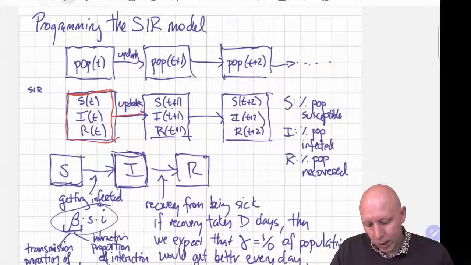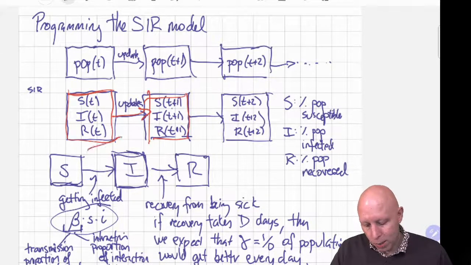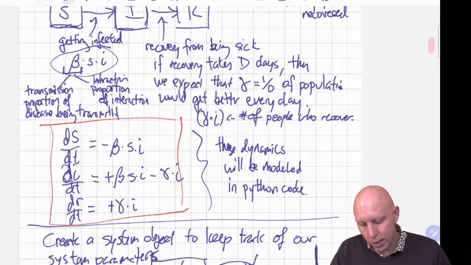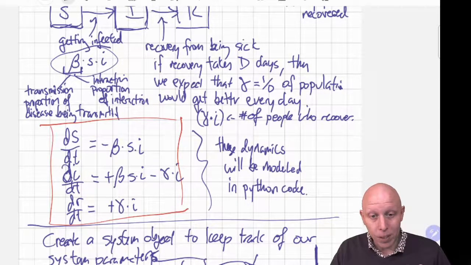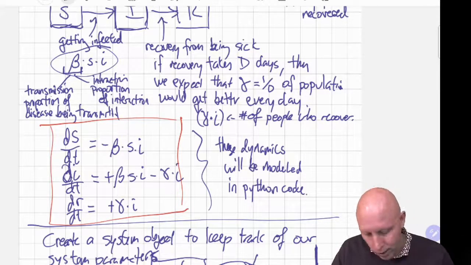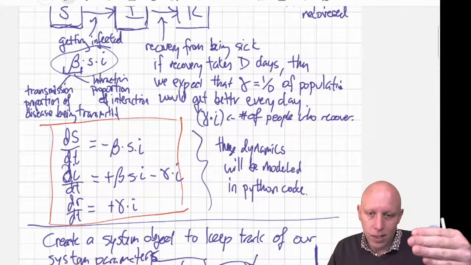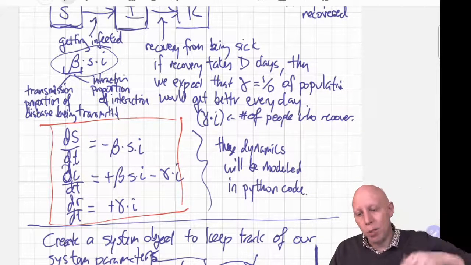And now we're going to create the update function that goes from time t to time t plus 1 by using these dynamics that we determined made sense in terms of the differential equations governing the way that people transition between the states. So now we're going to take these differential equations and put them into Python code.